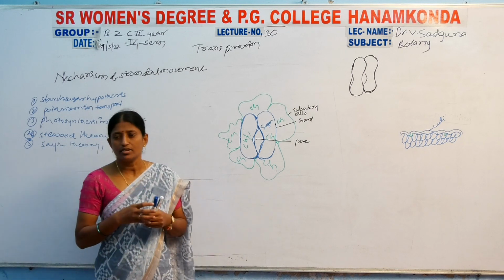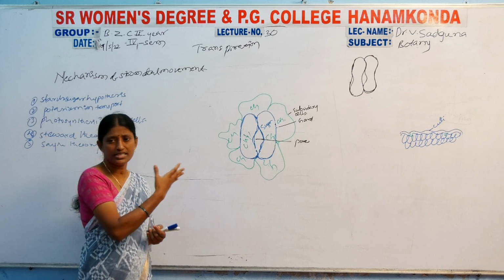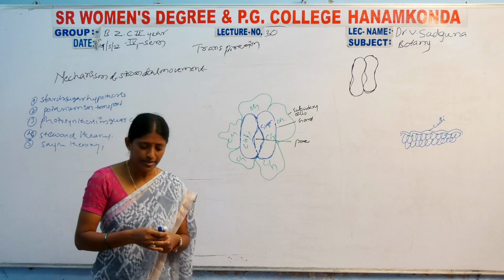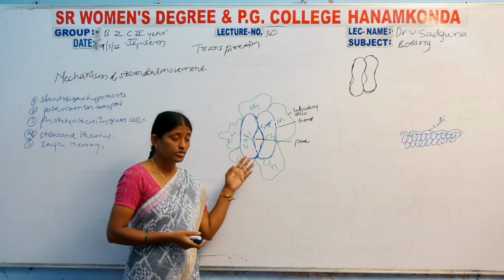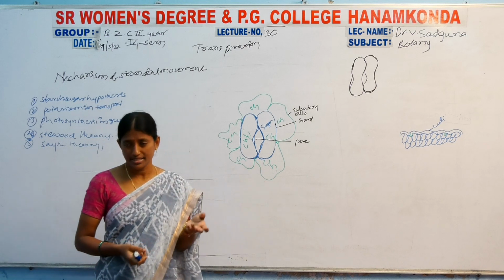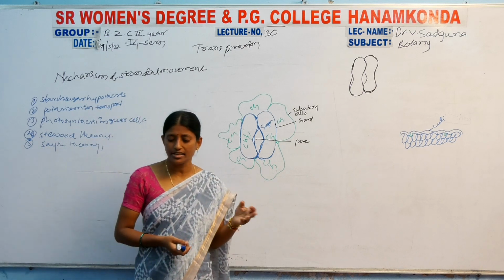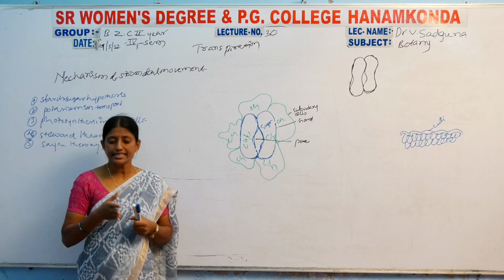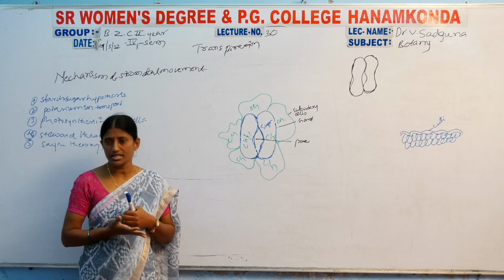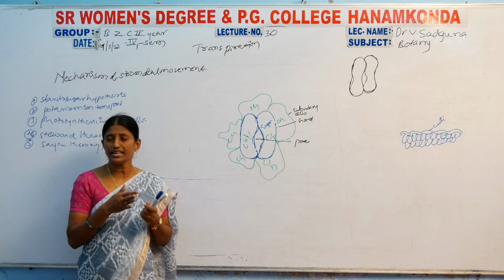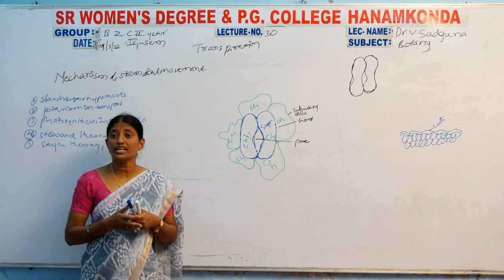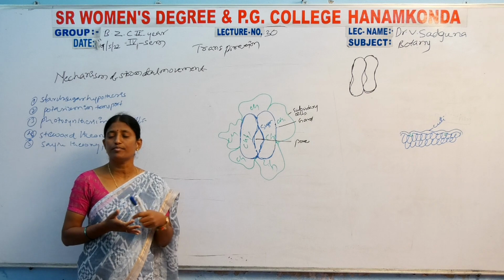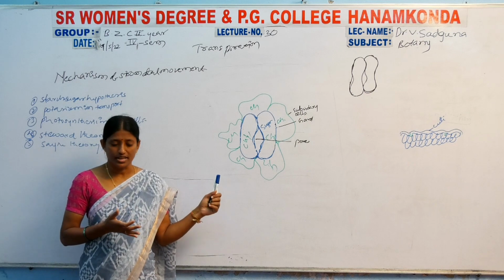Whenever the stomata opens, the sugars are converted to starches or molecules. Sugars are converted to starches. That is the mechanical potential. We can call it pressure, here mechanical potential.